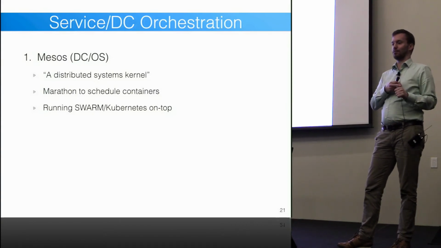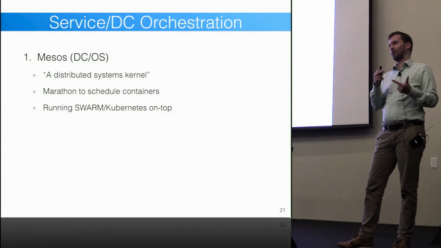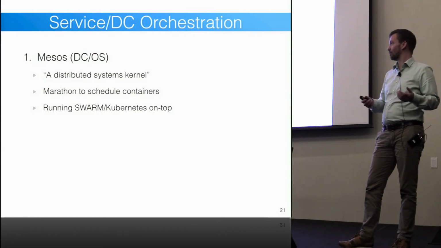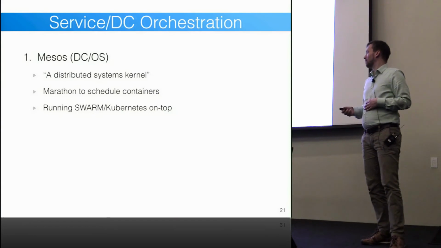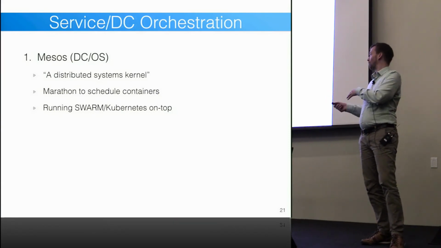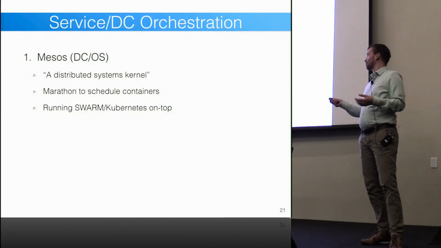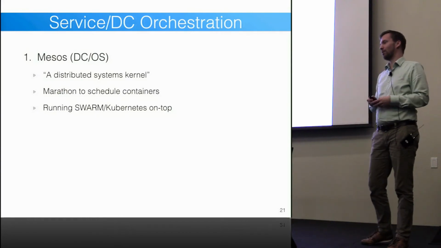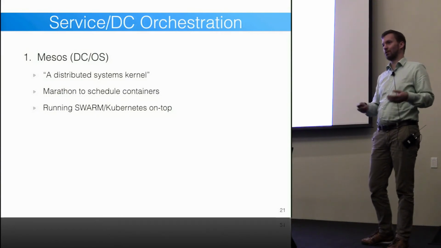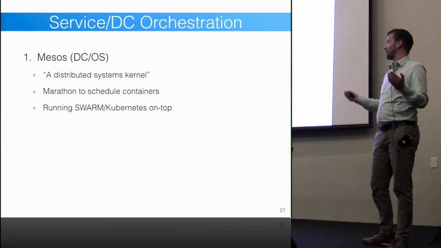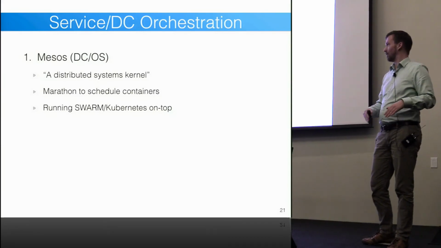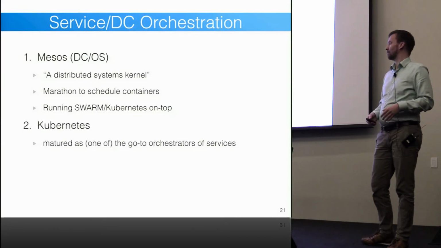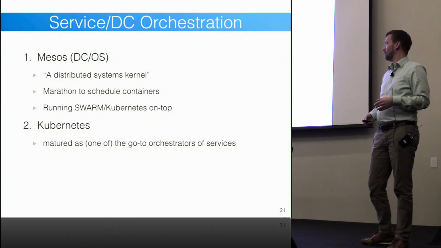So they are scheduling RAM, memory, CPU and I/O, like really a distributed operating system. And you can run Swarm or Kubernetes on top of this scheduler, or you can use Marathon, which is a mechanism they implemented in Mesos to schedule containers on a cluster. But it's a much deeper layer than the other orchestration tools that I showed before.